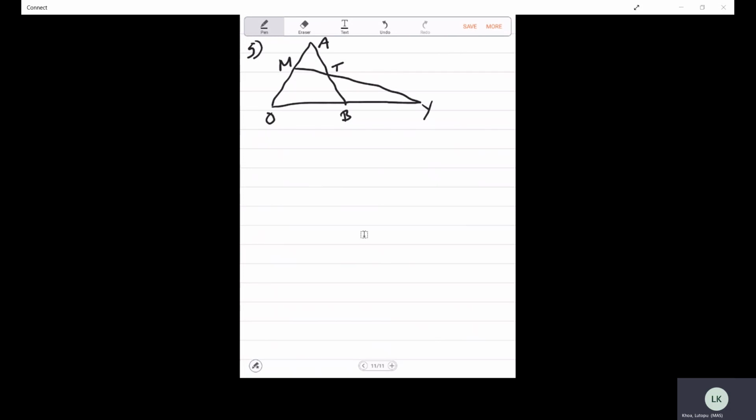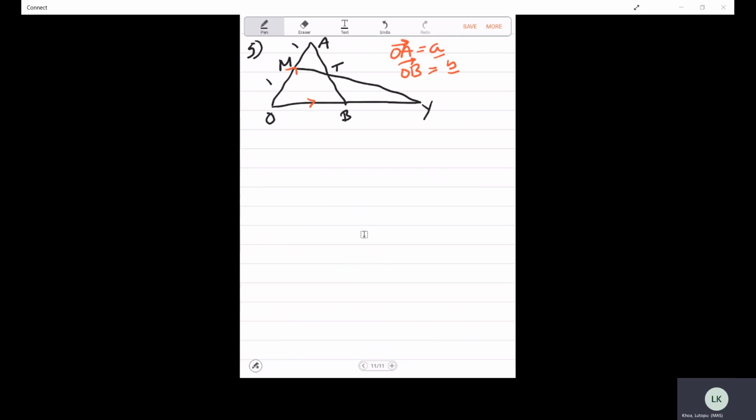Okay, so we are told that in this diagram we have OA, so this vector like that, OA, this is small a, and OB, this little vector here, OB, this is small b. So those are unit vectors. And M is the midpoint of OA, so it divides OA in the ratio 1 to 1.